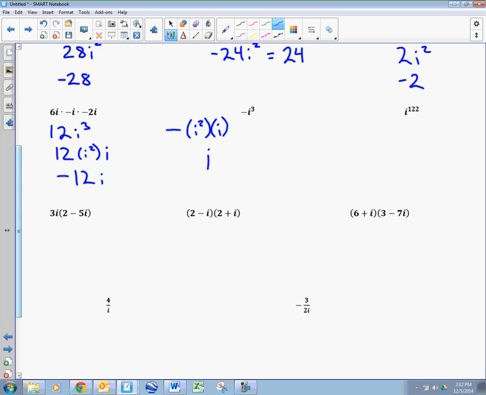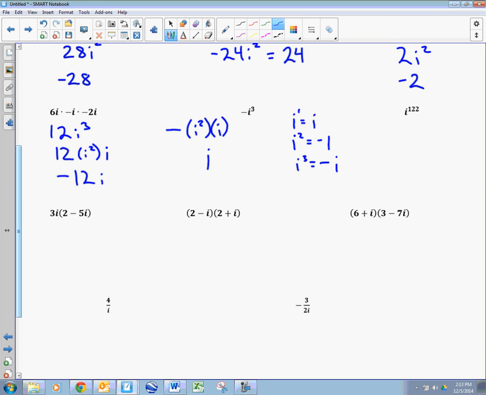Any thoughts on how I'll figure this out? i to the first power is i. i squared is negative 1. i to the third is negative i. Everybody see why i to the third is negative i? i to the third is i squared, or negative 1, times i.